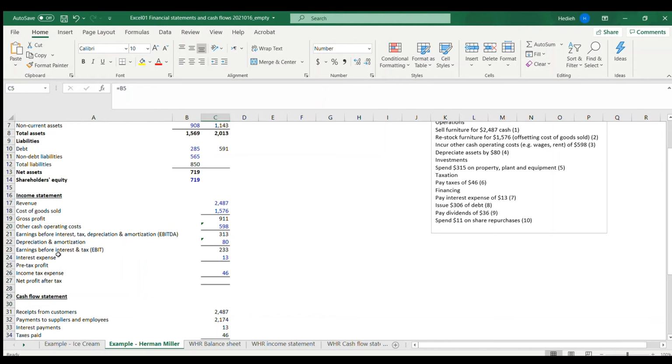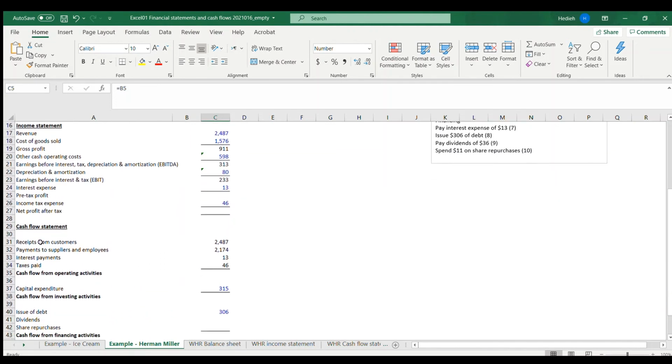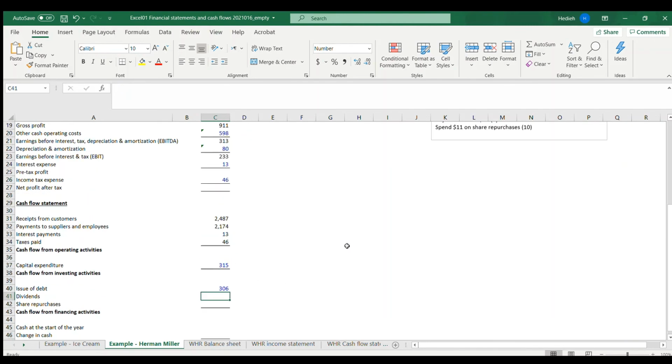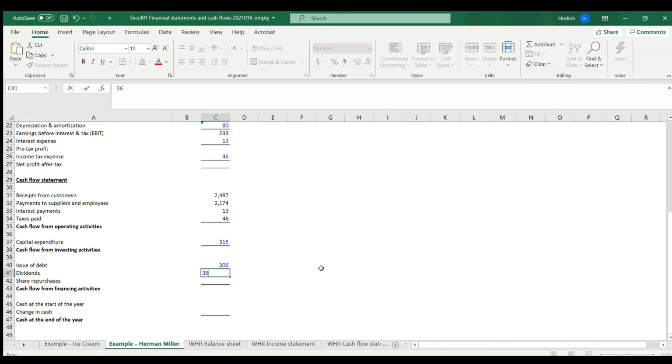This is not related to the current revenue of the company or how much the company had to spend on material and goods related to production in order to make the production happen. But in the cash flow statement, because paying dividends is a real cash outflow, you should consider this. So you should record a dividend payment of $36, and you should consider it in financing activities. This dividend is paid to shareholders of the company.